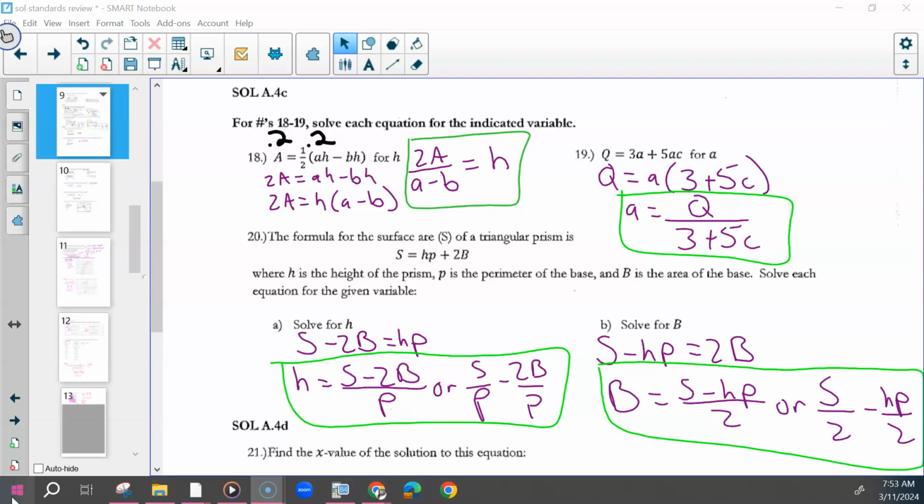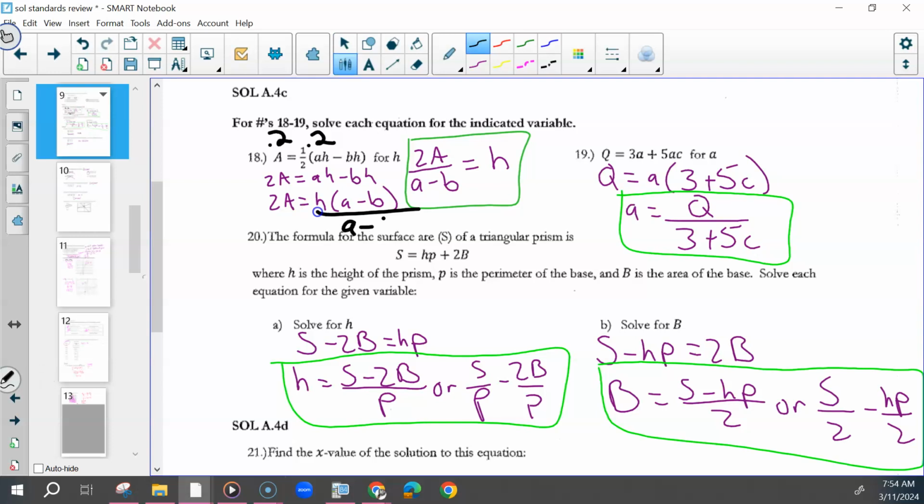So the easiest way to do this one would be to multiply both sides by 2 first. And then we'll talk about this, but basically we're undoing the distributing because they both have an h, and usually when we distribute, we multiply the h to everything. So if we take the h out and see what's left, then we can divide this stuff that's missing here.